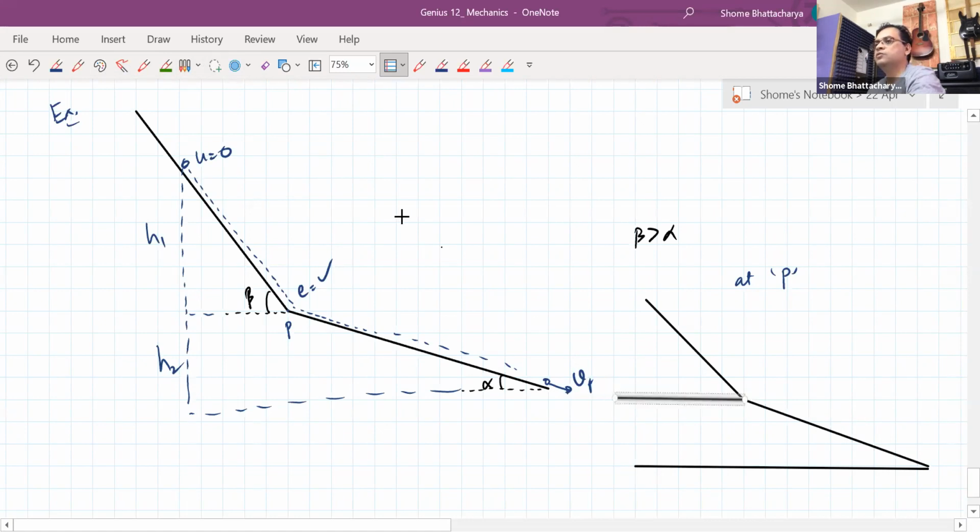Now in my diagram, what becomes very critical is what is the angle between the inclined planes, given that I know alpha and beta, and obviously beta is greater than alpha. So you realize that the angle between them is how much?